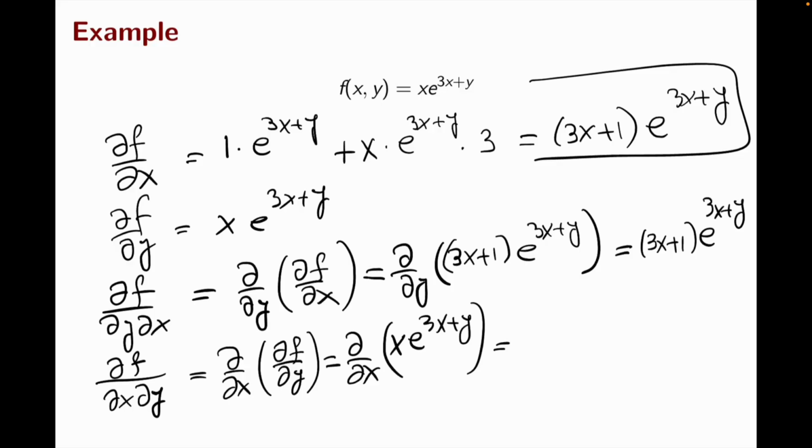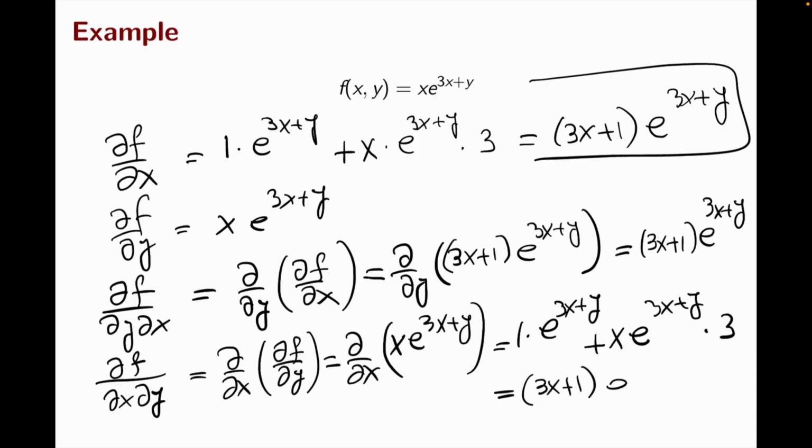So let's do this product derivative, times 3 by the chain rule, and taking common factor here would be (3x plus 1) e to the 3x plus y. Okay, so this is the derivative that we obtain.